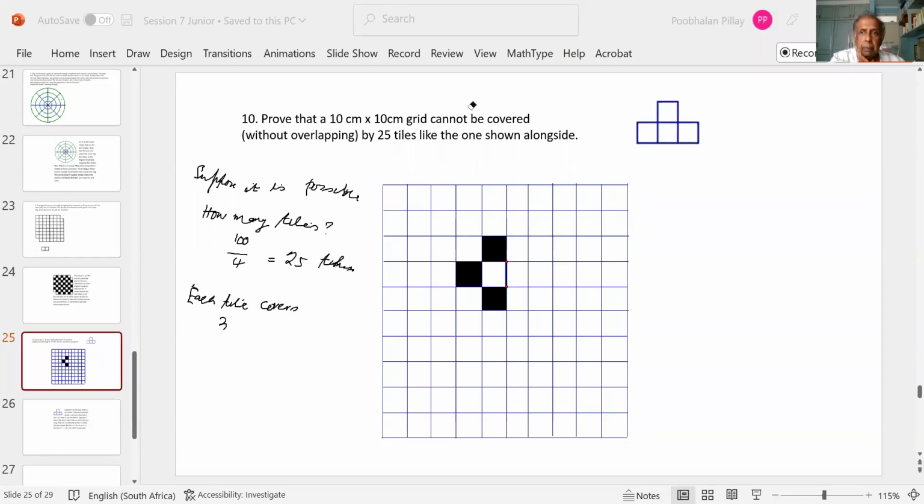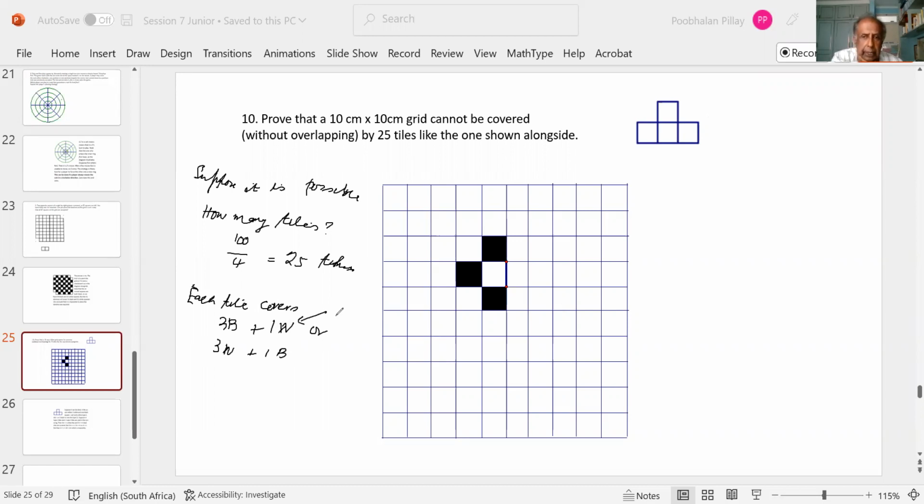We'll call it 3B plus 1W. Or I could have had 3 whites and 1 black. So we don't know. When you put the tile down, this is what happens, and with the very shape of the tile, that's how it has to be. So you don't know how many of each type.